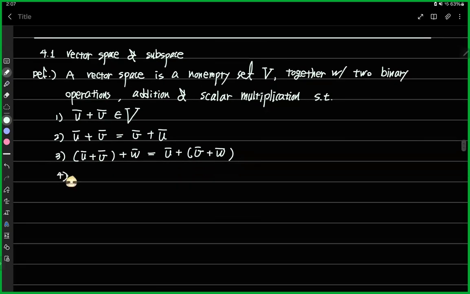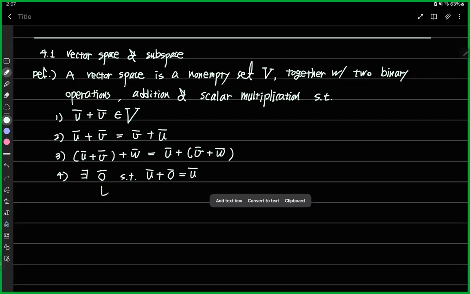And then the next one is there exists a zero vector, such that u plus the zero vector is equal to vector u. This zero vector is called the identity in the addition operator.